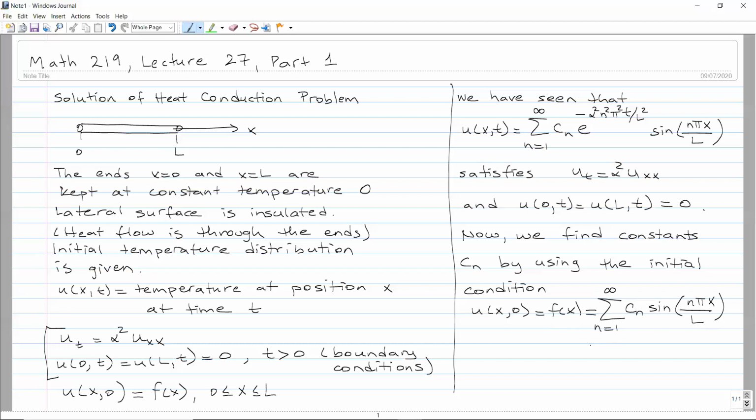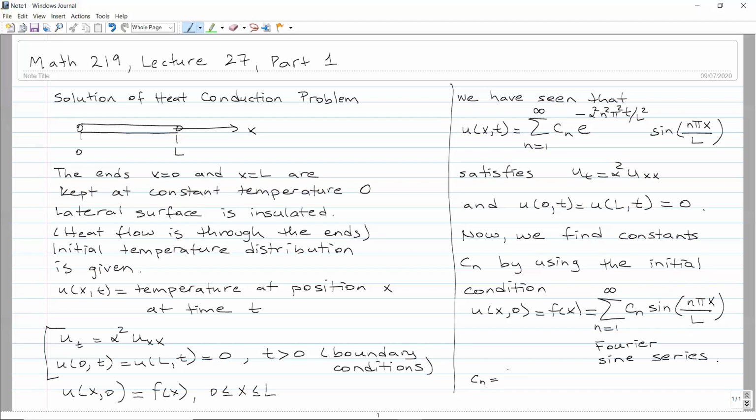This series is called the Fourier sine series. In the previous lecture, we have seen how to find the constants.